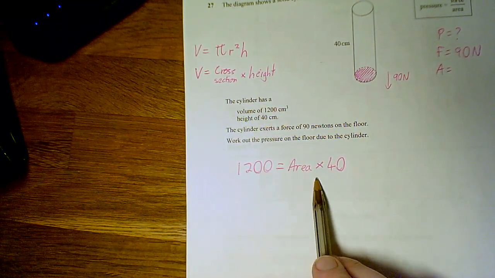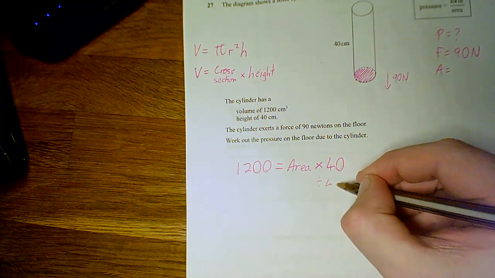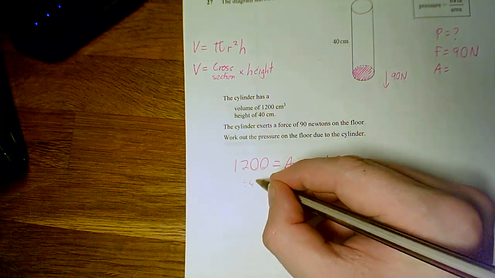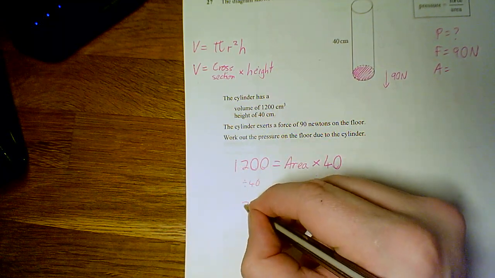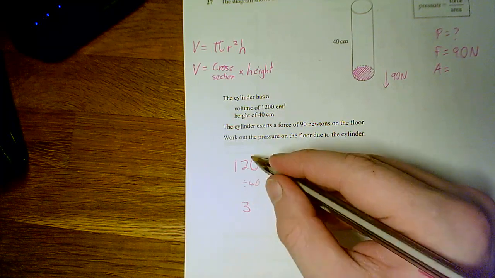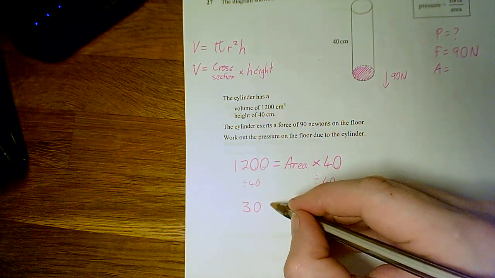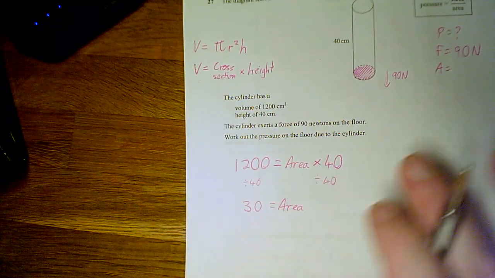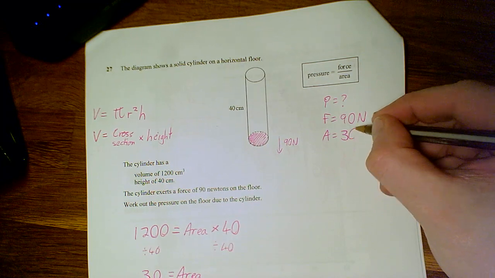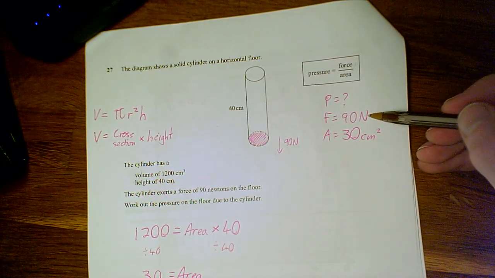So to solve this, think of it like an equation. The opposite of times by 40 is dividing by 40. So I've got to do 1,200 divided by 40, or 12 divided by 4 is 3. Then take off a 0 because they'll divide, so I get 30. So the area is 30 centimetres squared. So I've got 30 centimetres squared, a force of 90.